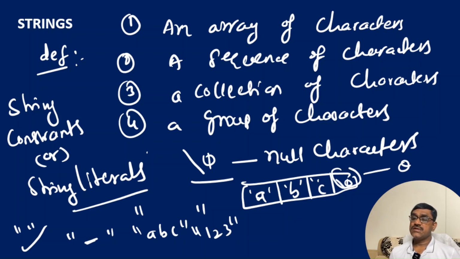Now, when the characters are enclosed in single quotes, those are known as character constants. And these character constants, which are enclosed in single quotes, are going to take ASCII values. ASCII in the sense American Standard Code for Information Interchange. So every character constant is going to have its own ASCII value.